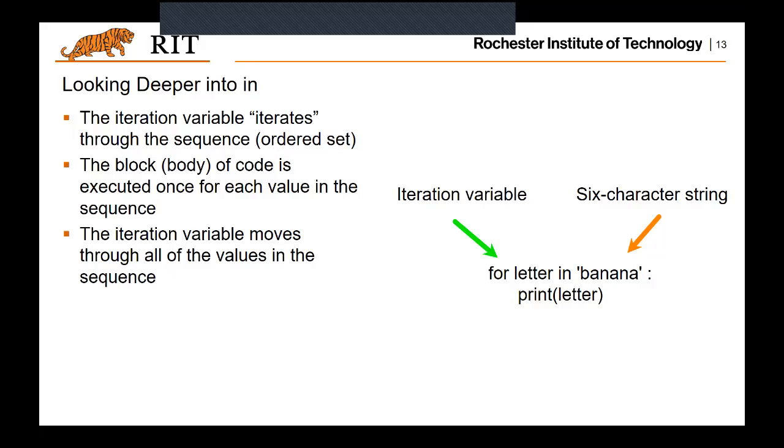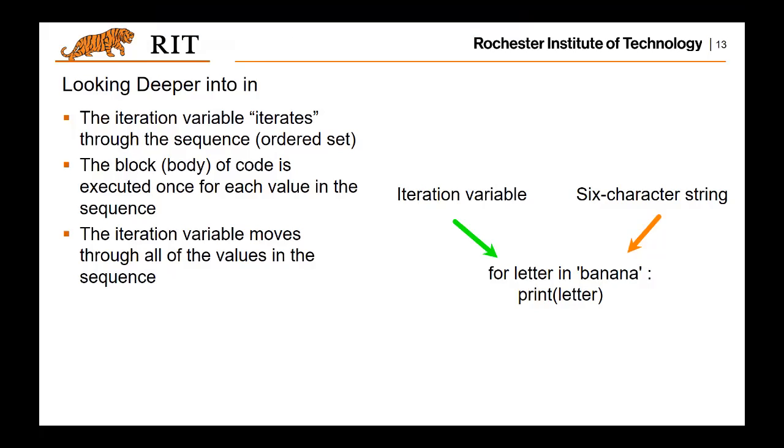Also, for each iteration, the code you set up there will be executed once for each of the values in the sequence. In the case of a string, it is each character you will take out and do some operation or calculation.